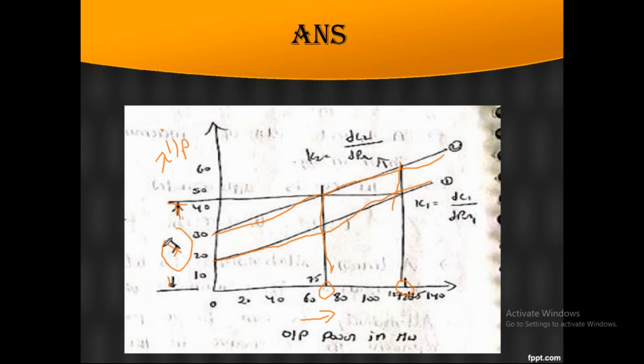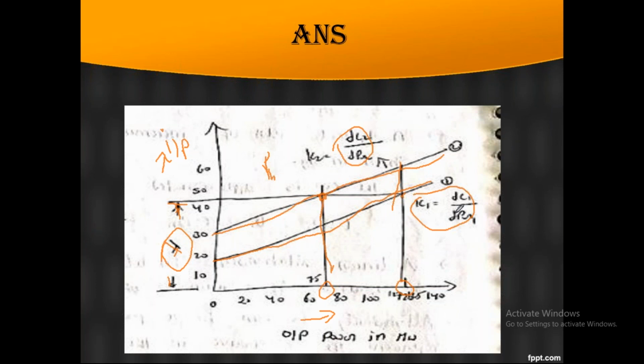So this is the way you have to draw the graph after finding Pg1 as well as Pg2. This point is nothing but the incremental cost of unit 2, and this point is nothing but the incremental cost of unit 1.